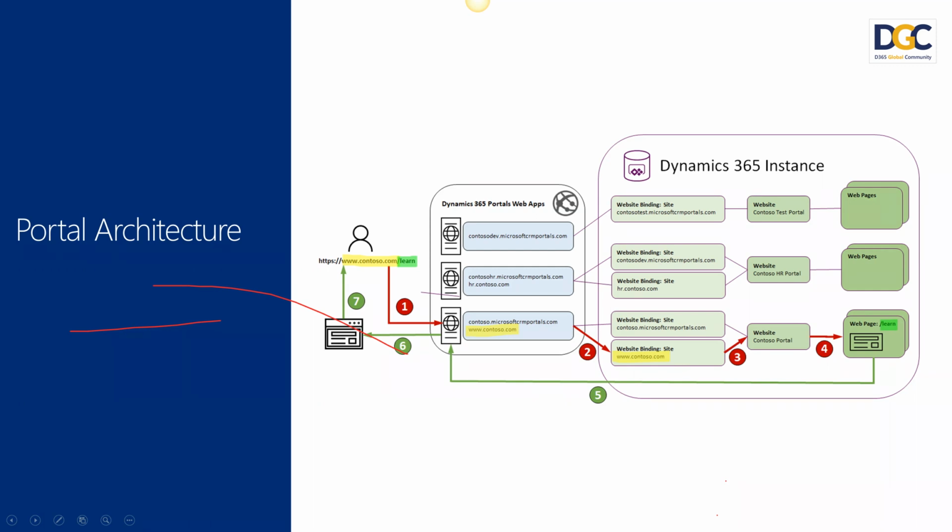From there, it picks up the web pages that we have developed for that particular website. That is how the web page is retrieved when a user visits unilink.com/product. And these records are used to build the output, and then the output is sent to the visitor. That is how the portal architecture works.